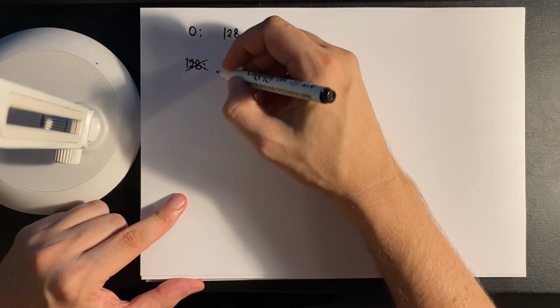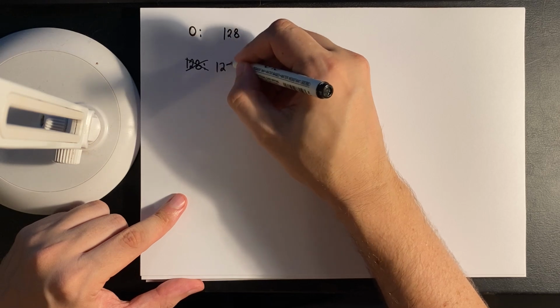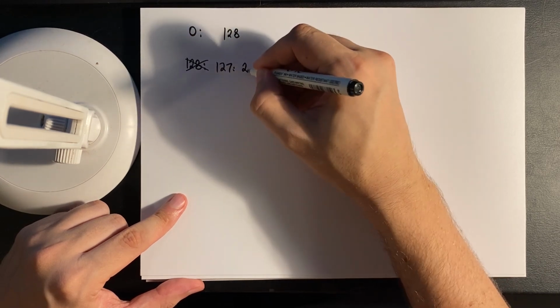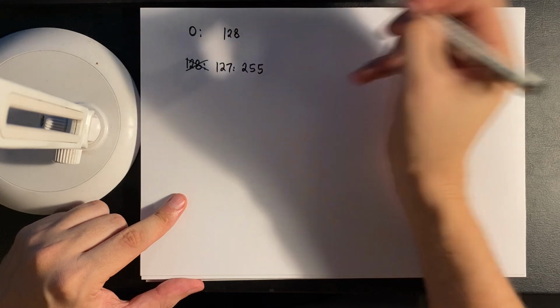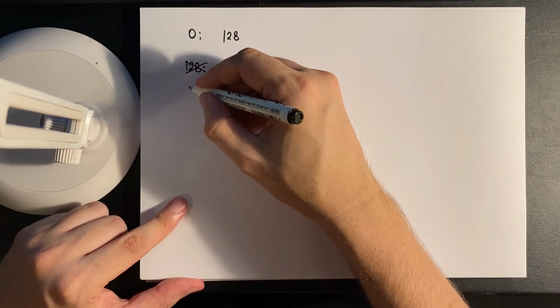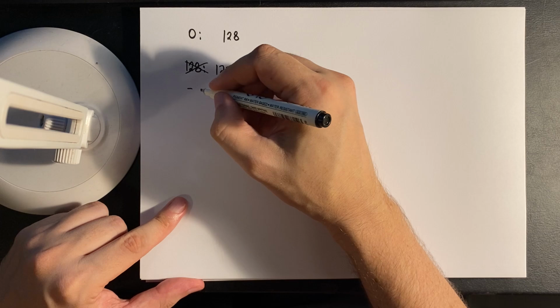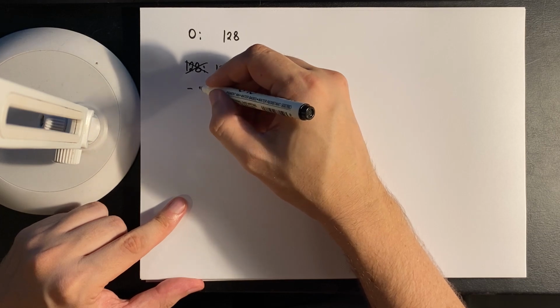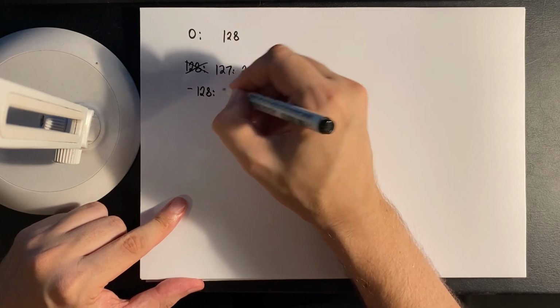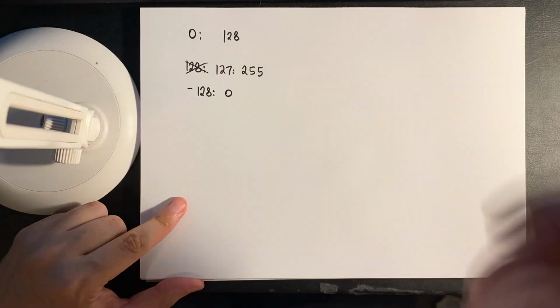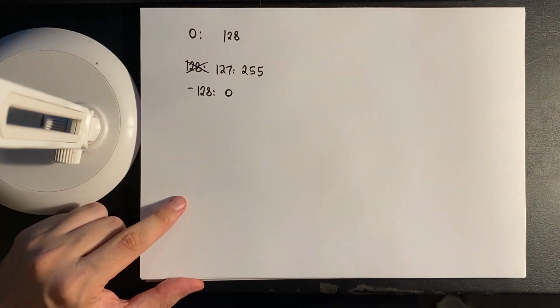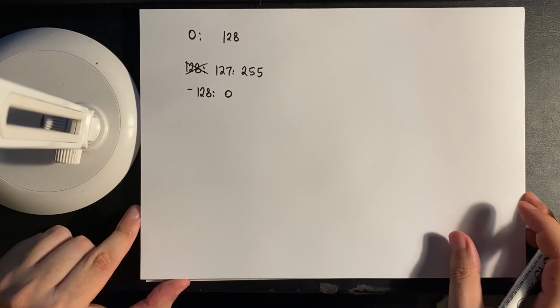That'd be too much. The number 127 is the maximum we can represent. That's 255. And the number, I want to say, negative 128, if we add 128 to that, is 0. So the whole number system is offset by 128.